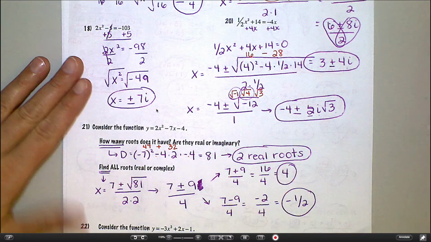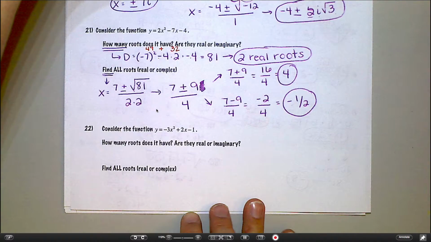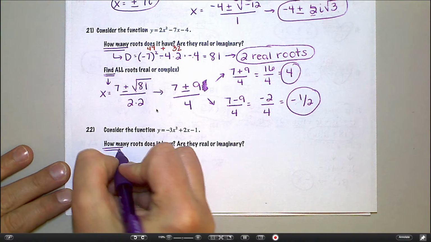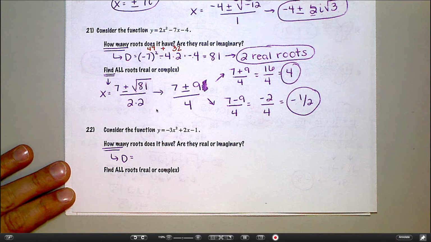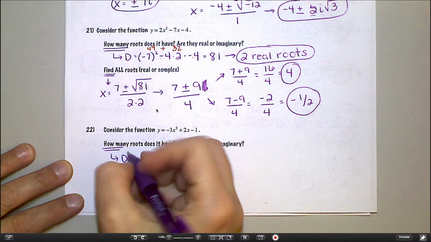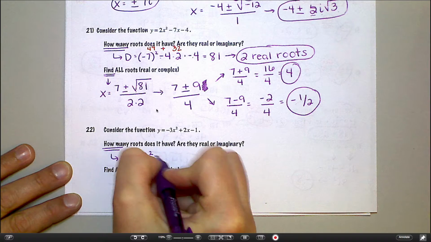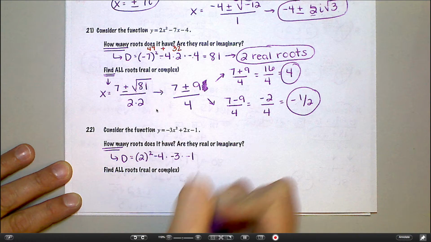All right, let's try that again with number 22, and maybe I won't botch it this time. Last one, I can make it through. Same deal. As soon as I see how many, I want to be thinking discriminant. So my discriminant would be 2 squared minus 4 times negative 3 times negative 1.